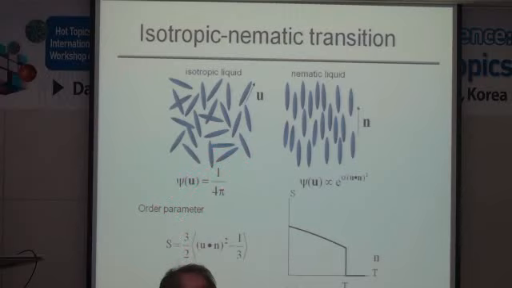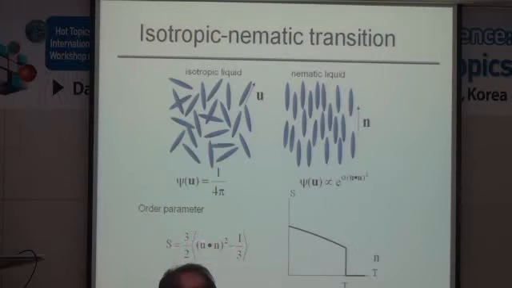In the isotropic state, rods are oriented randomly, isotropically randomly. And in the nematic state, rods are aligned along certain directions, denoted by a vector n, called the director. And the order of the liquid in the nematic state is described by this order parameter, (u_i u_j - δ_ij/3).